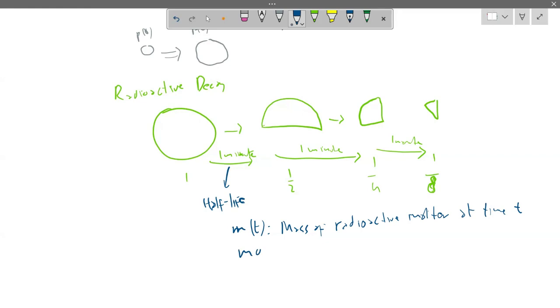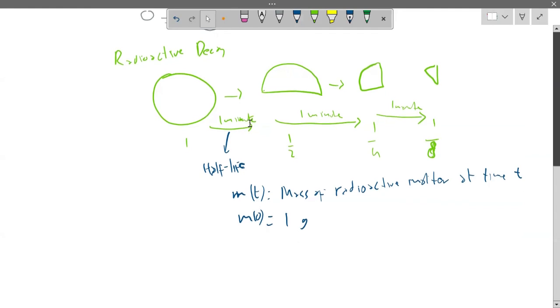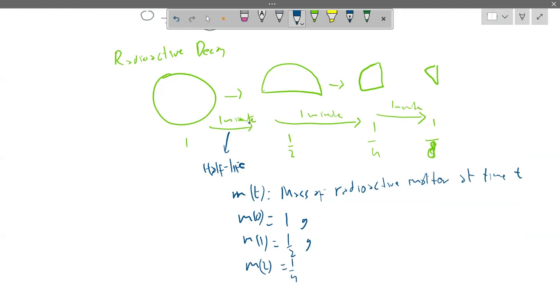So M_0, which is the initial amount of radioactive matter, is assumed to be 1. It could be 1 gram, could be 1 kilogram, or whatever. After 1 minute, we denote it as M_1 equals 1/2 gram. After 2 minutes, you have 1/4, and so on.